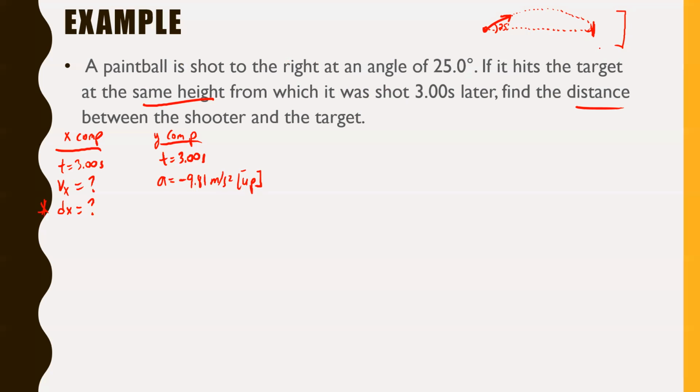In other words, the paintball's Y displacement, dy, was 0. It didn't end up going anywhere in the Y direction. It went a long distance, I think, at least we'll find out, in the X direction, but it didn't go any distance at all in the Y direction. Now we have 3 things in our Y direction. That means we can solve for whatever missing fourth piece we want.